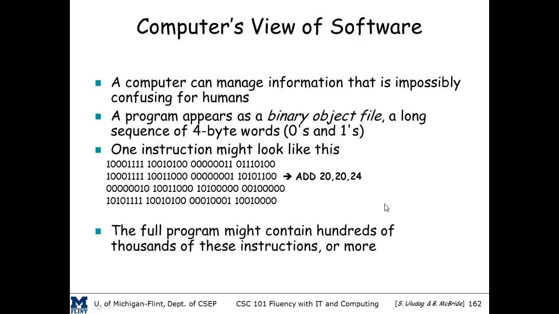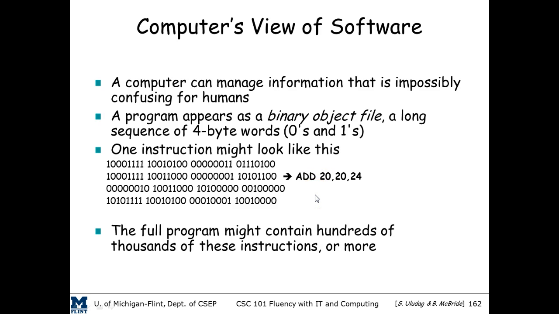They're just long sequences of 4-byte words, and they might look like these here. And of course, we know them to actually be things like this add, where we take the value that's located in RAM memory 20 and the data in RAM memory 24, add them together and store it back into RAM memory location 20.